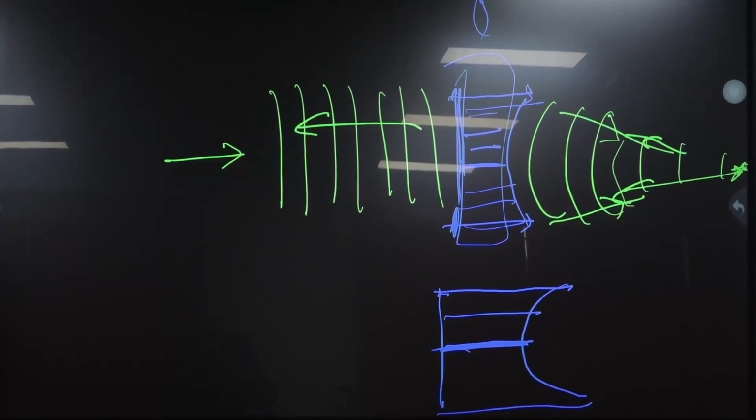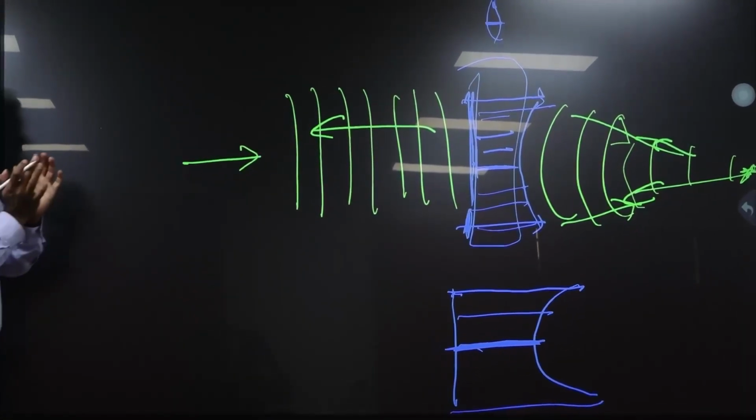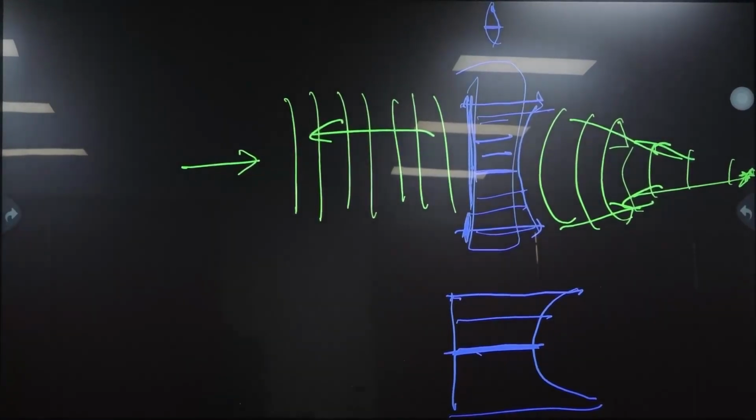So what is in the middle? There's a thick piece of glass, therefore it delays it a lot. What is on the edges? It delays it just a little bit. So the result is that you take the plane wave and add something of the form e to the minus j x squared plus y squared.